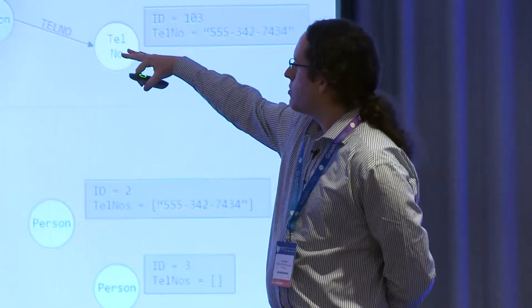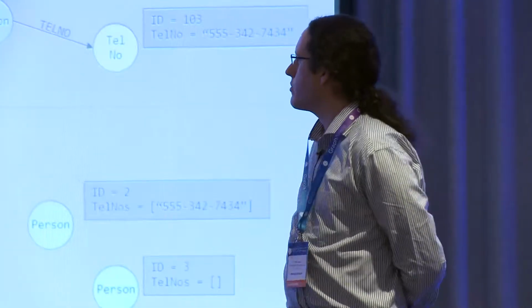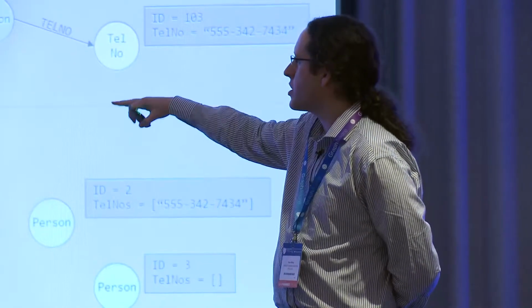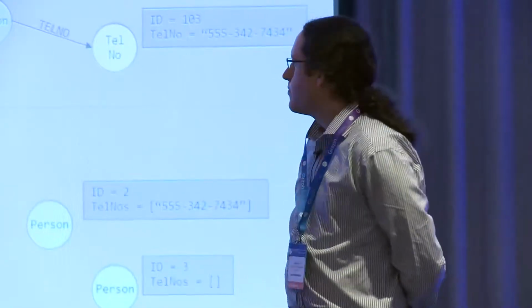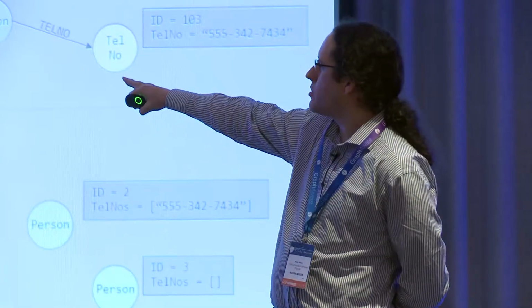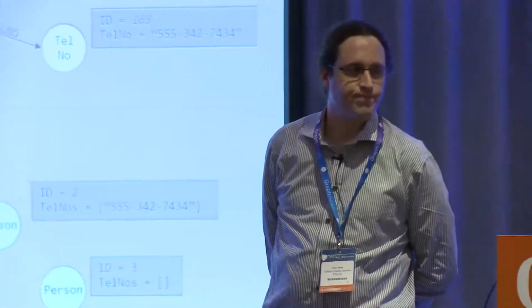So there's a person table and there's a telephone number table. And the telephone number is related to the person through a foreign key. That's the person ID field is related to the ID field on the person.